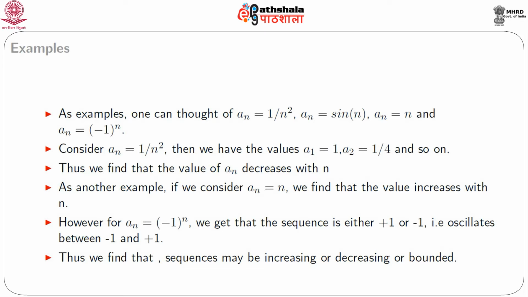As another example, if we consider n, we find that the value increases with n. However, for minus 1 to the power n, we get that the sequence is either plus 1 or minus 1. That is, the sequence oscillates between minus 1 and plus 1. Thus, we find that sequences may be increasing or decreasing or bounded.